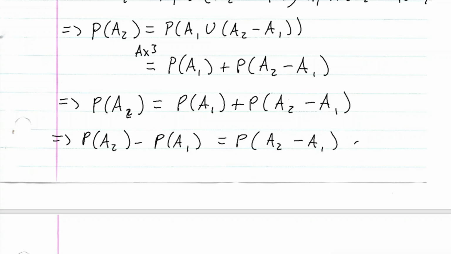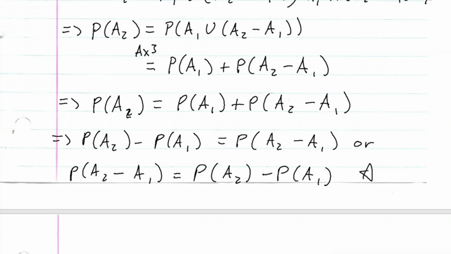Or I can rewrite it like I have it in the theorem: the probability of A sub 2 minus A sub 1 is equal to the probability of A sub 2 minus the probability of A sub 1. And that's part of the theorem that we are looking for.